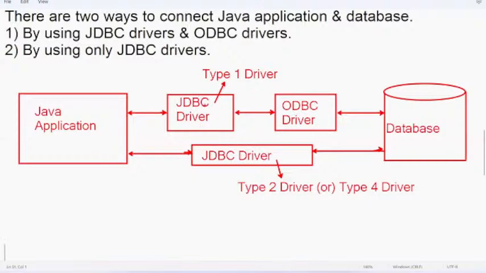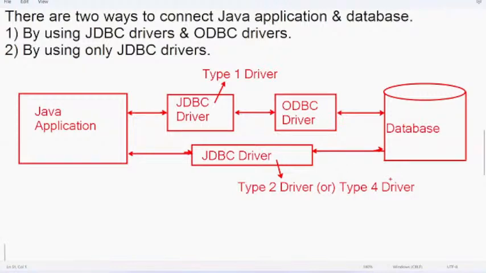Type 1 driver is required. You cannot use only ODBC, and you cannot use only type 1. Using type 1 means ODBC is required, and using ODBC means type 1 is required. If you want to use only JDBC, you must select either type 2 or type 4.